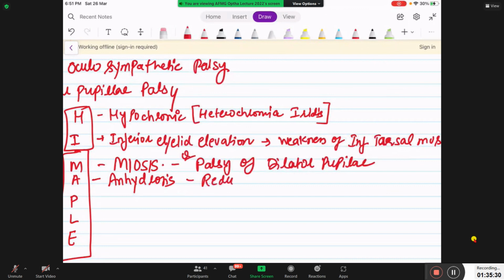Anhidrosis means reduced ipsilateral sweating.